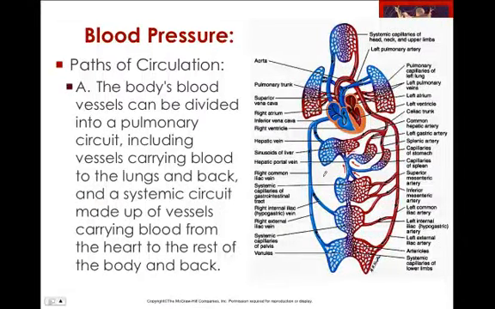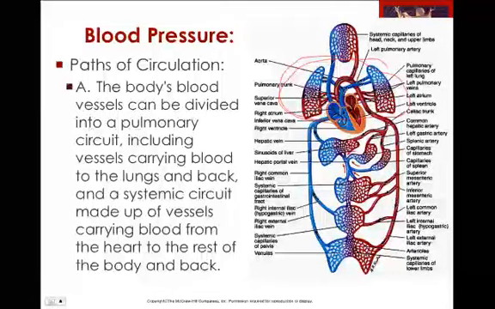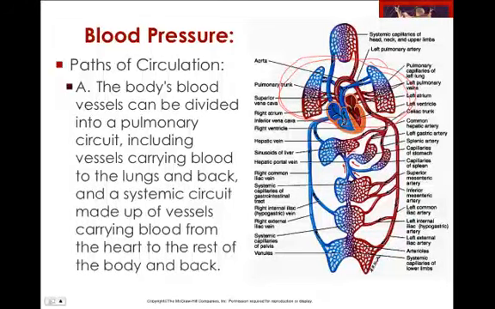When we look at the circulation throughout the body, the blood vessels can be divided into what we call the pulmonary circuit, and the pulmonary circuit is this right here. That's going to be the blood flow from the heart to the lungs and back to the heart.